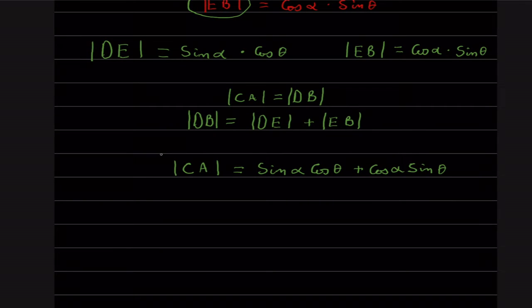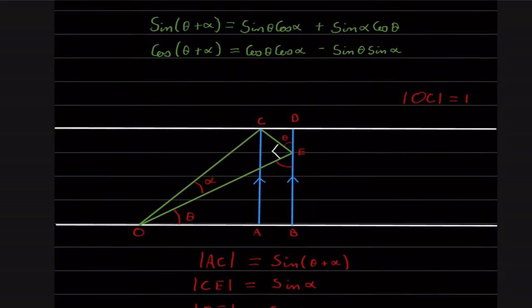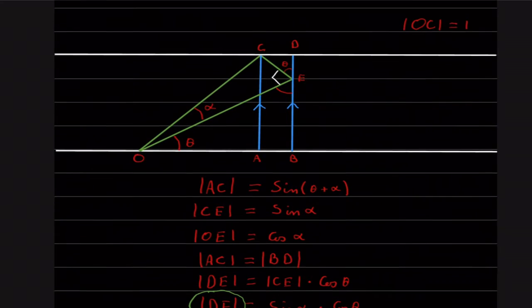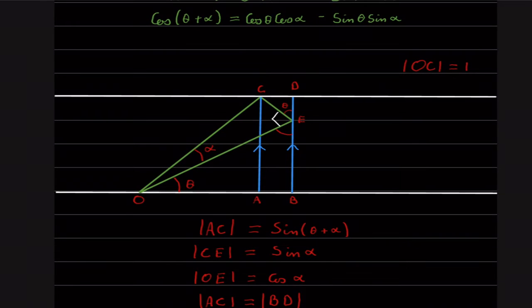And what did we say was CA at the beginning? Remember, CA, as we set it to be, CA, which is the opposite of alpha plus theta, when this is equal to 1, CA should be equal to sine theta plus alpha.